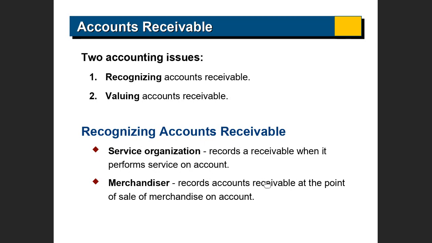Merchandisers, on the other hand, are those companies that sell goods. So let me add one more thing here. It could also be a manufacturer. So not only merchandiser, but it also could be a manufacturer. So, for example, Al Rayyan water bottling company is categorized as a manufacturer.